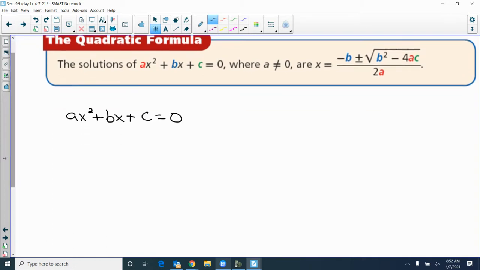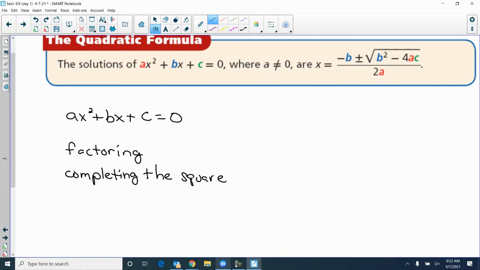We have done factoring. That is what we just looked at. Yesterday, we did completing the square. And now today, we're going to use what's called the quadratic formula.